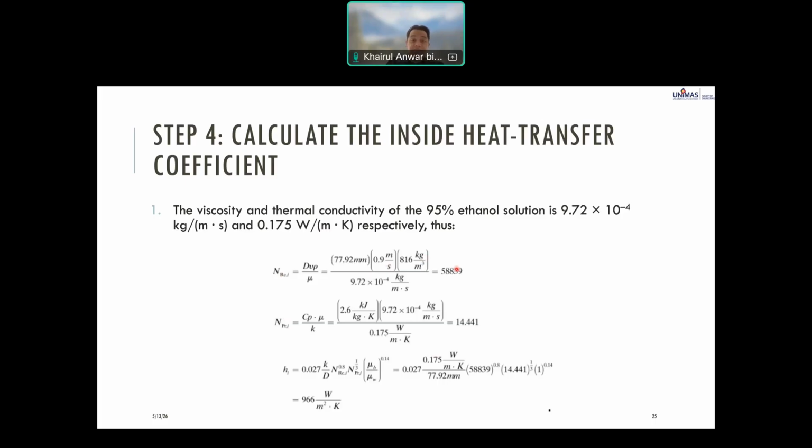This is all available: this is the inside diameter for the inner tube, this is the actual velocity we calculated earlier, and mu is given for the ethanol solution here. Cp is 2.6, viscosity divided by K, where K is the thermal conductivity. Then we calculate the heat transfer coefficient Hi. We get 996.